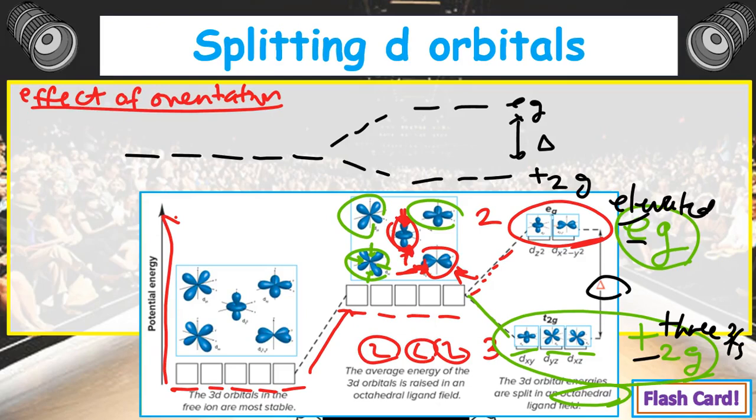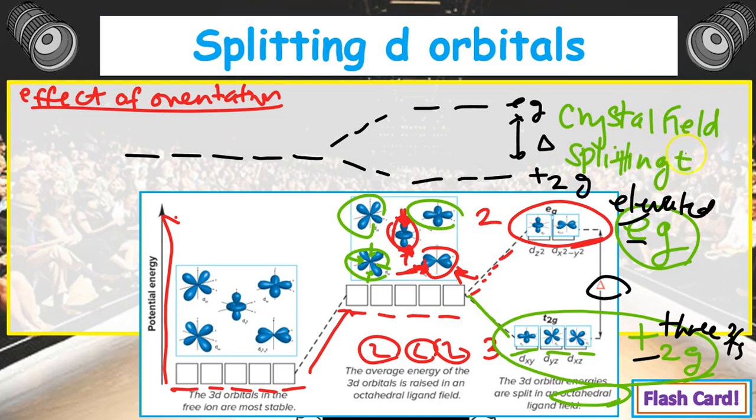That split can be called the crystal field effect. And when you have high energy d orbitals and low energy d orbitals, there's going to be that energy difference between these 2 types of orbitals. And that is called the crystal field splitting energy.